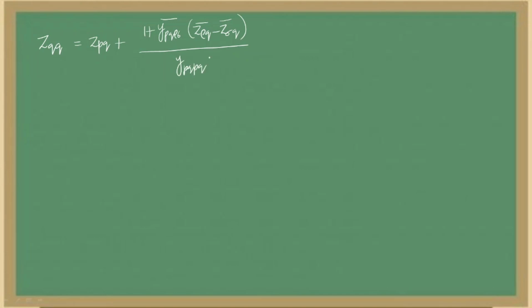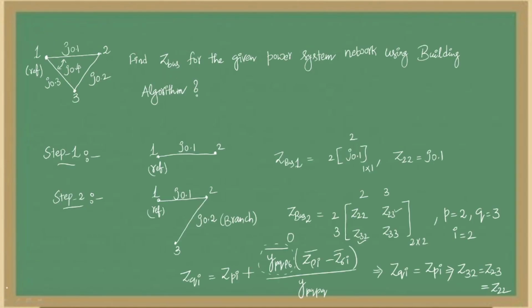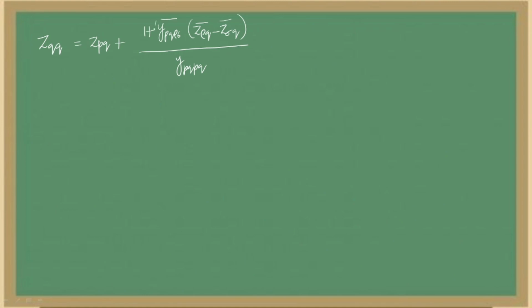Now, when there is no mutual impedance between the added element and the already available element, this term YPQ rho sigma bar will become 0. Hence, I am making this entire term as 0 vector. When this entire term is 0, you will not get this value.